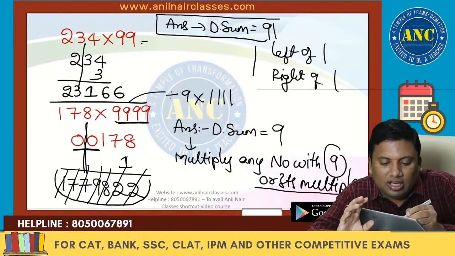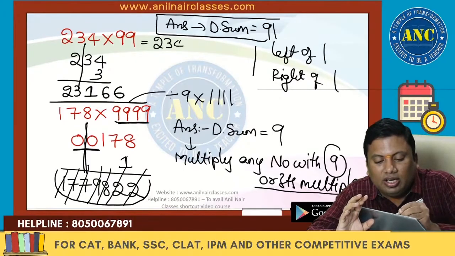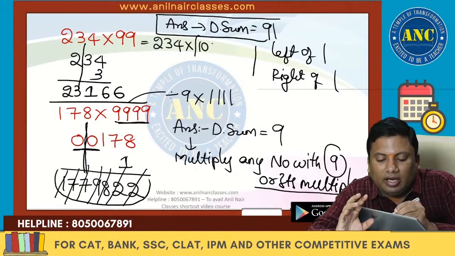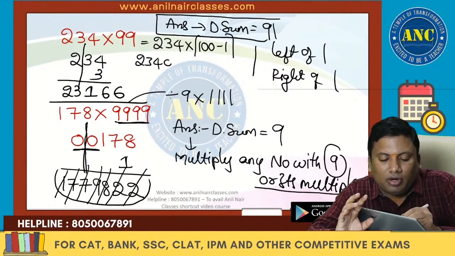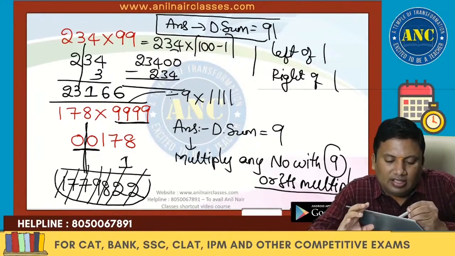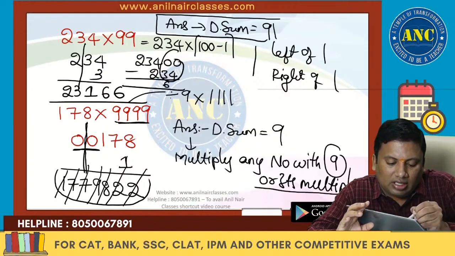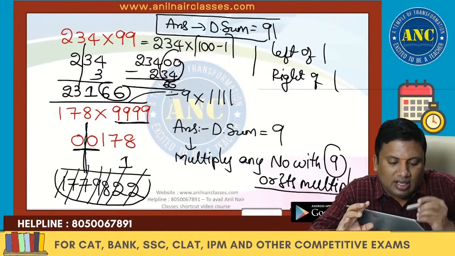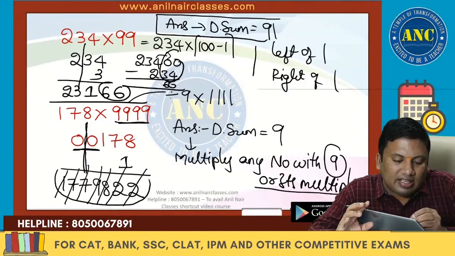I told you that I will discuss the proof. 99 is 100 minus 1. 234 into 100 minus 234. Am I right? Now see here. This is nothing but 100 minus 34, 66. It is getting carried.